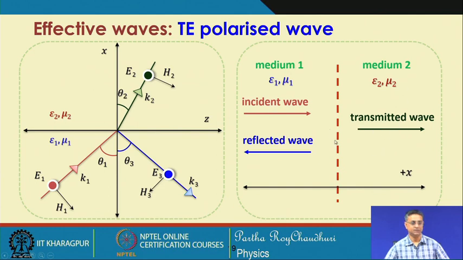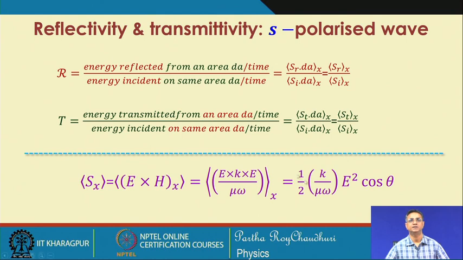So, with this arrangement we need to calculate how much is the x component of the energy that is going along this, along the direction perpendicular to the interface, in order to find out how much is the energy reflection.